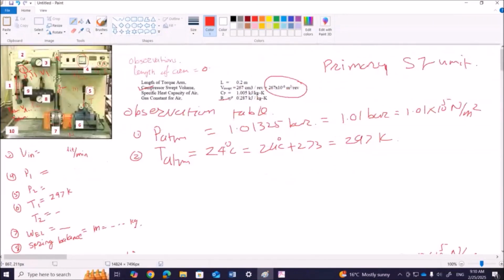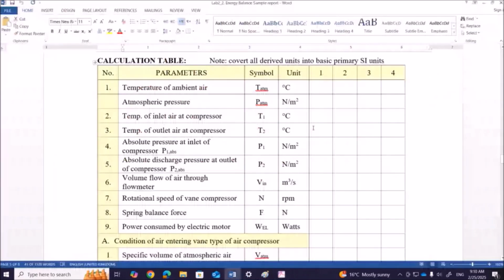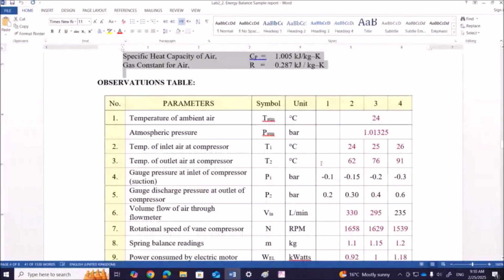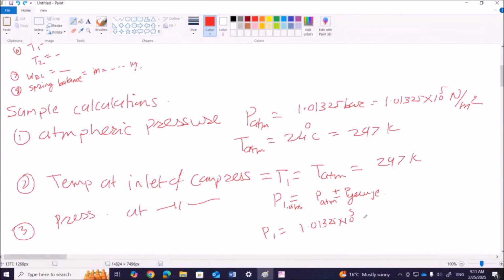Why minus? Because this is the inlet where suction is created, and whatever pressure is shown here is a suction pressure, so we record it as minus. So we subtract 0.15. For the second reading the pressure is minus 0.15 bar, meaning 10 to the power 5 Pascal.